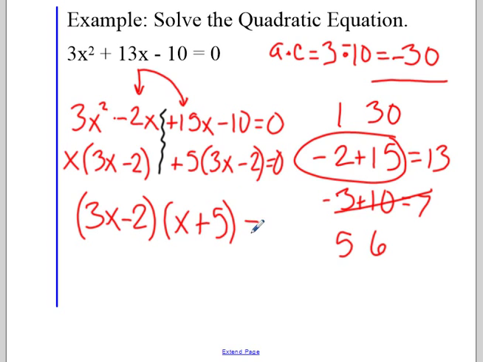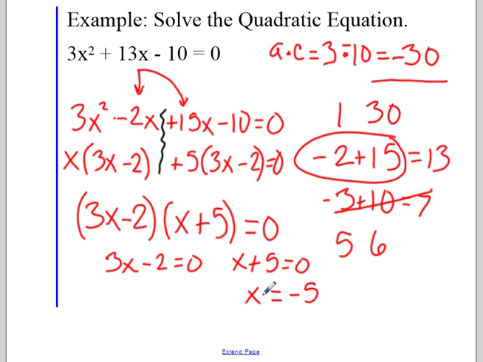Notice in every single step I've done during the factoring, I've kept the equals 0, because now it's time to make two little mini problems. First mini problem is 3x minus 2 equals 0. Second mini problem is x plus 5 equals 0. x would have to be equal to negative 5 from subtracting 5 on both sides.